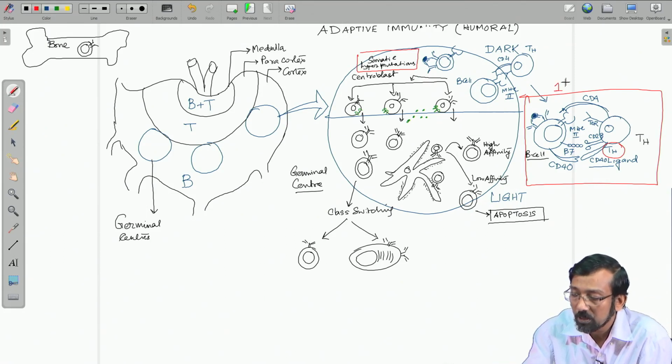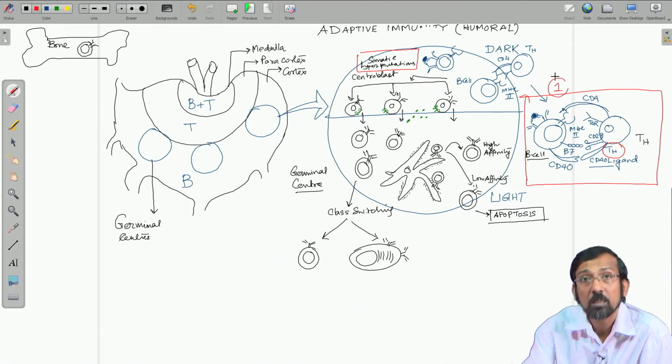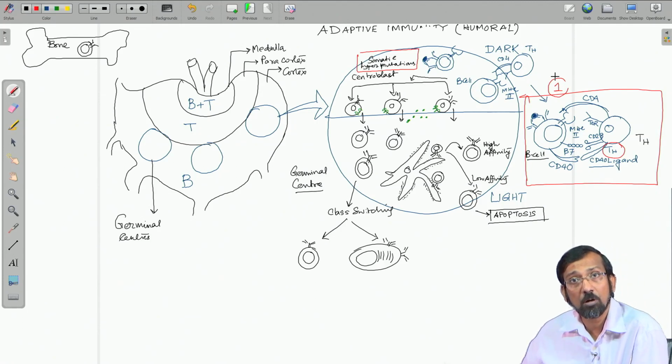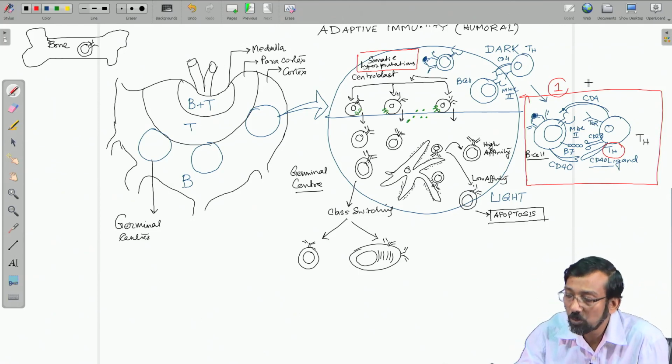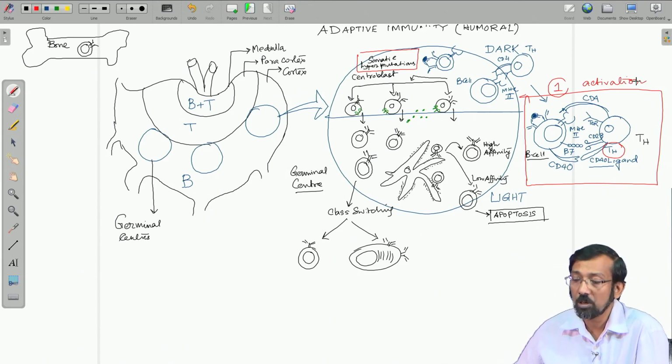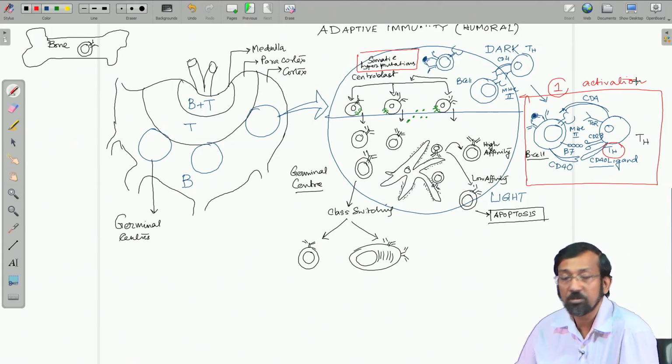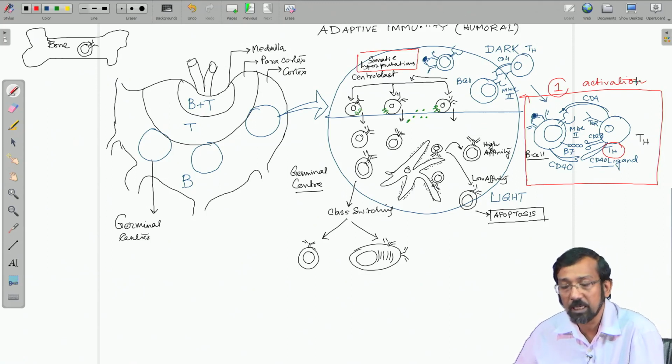Here, the first thing is the interaction of the B cells or the B lymphocytes with the T helper cells, leading to activation. So, we call this the activation of the B cells. There are at least 4 different classes of interactions, including the co-stimulatory interactions.